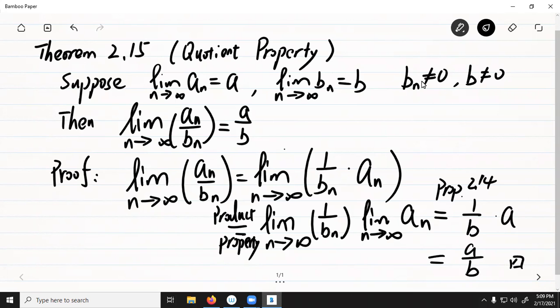Okay, then we finish the proof. This is very quick. So we have the theorems for the sum, the product, and the quotient of convergent sequences a_n and b_n.